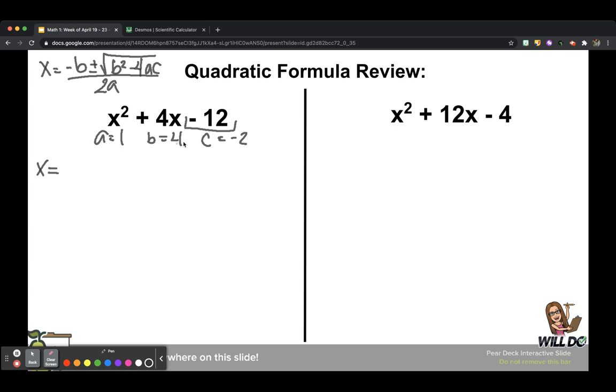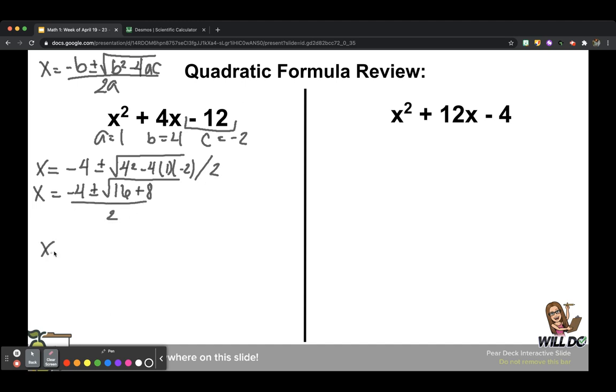x is equal to negative b, so it's the opposite of positive 4, which is negative 4, plus or minus radical b squared minus 4 times a times c. So x is equal to negative 4 plus or minus 16, 4 times negative 4 times a negative 2 is positive 8, all over 2a, divided by 2.